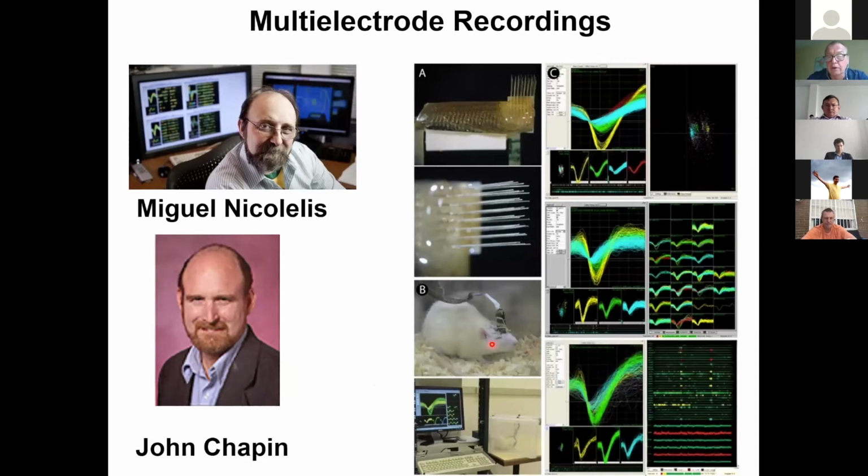Then in the 90s, Miguel Nicolelis and John Chapin increased the number of simultaneously recorded neurons because they implanted many electrodes in the rat brain, and they recorded several tens of neurons. So the number of neurons increased, and also the predictions of movements improved with this approach.